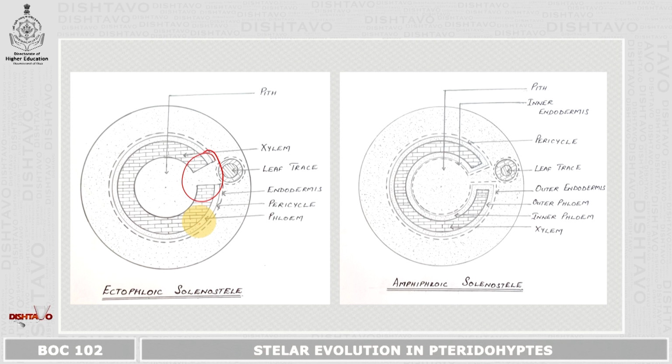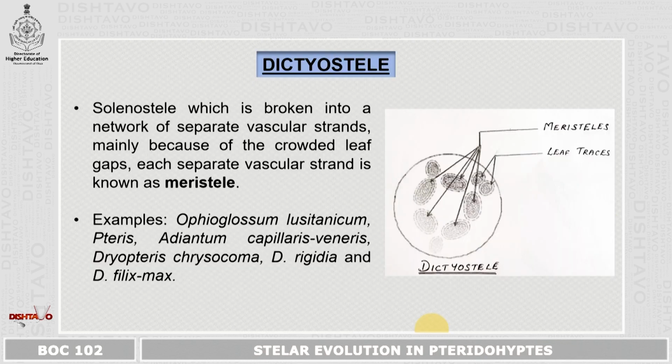Whereas in amphiphloic, again there is a perforation over here, but you have a ring of phloem on the inside and a ring of phloem on the outside. So you have inner phloem and outer phloem as marked over here, and then you have just one circle of xylem which is surrounded by the two.